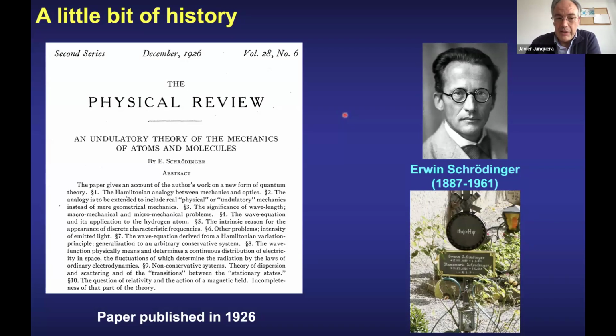And then he was very happy, and then the equation was extremely successful. Here you can see the burial place of Erwin Schrödinger and his wife, and you can see how directly in his burial place his equation is written.